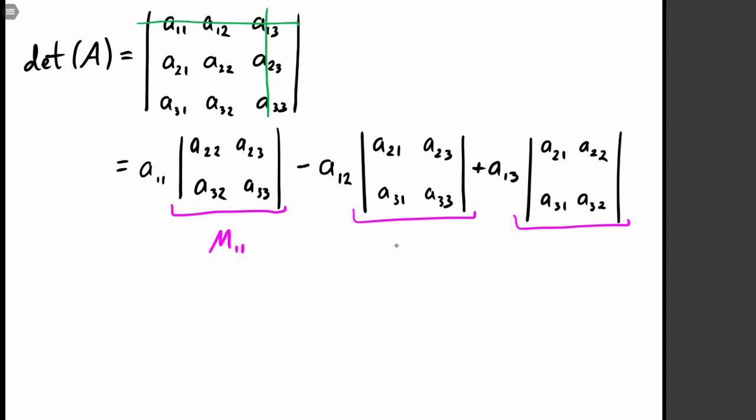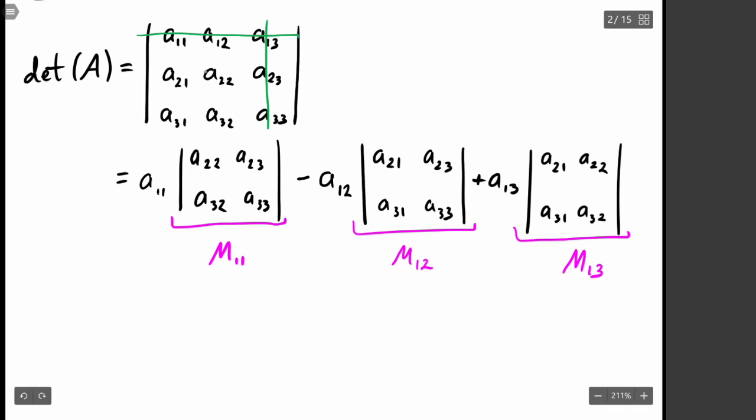This right here is the minor of A12. And this right here is the minor of A13. These minors are those matrices that are left when you cross out the row and the column of that entry. So like here, this is the 1-3 entry. Cross out row 1, column 3. What's left over is that minor.